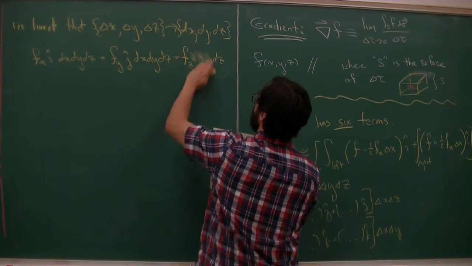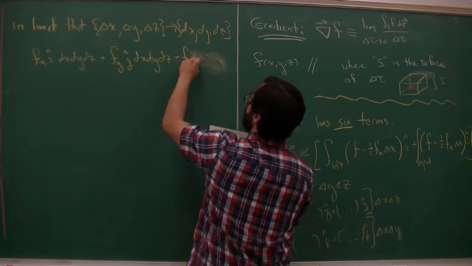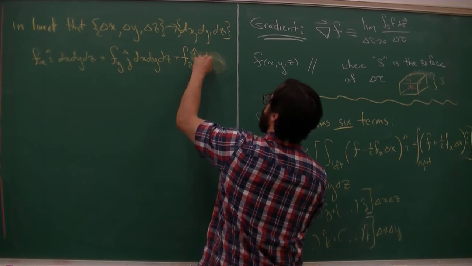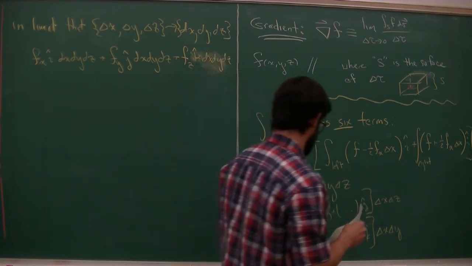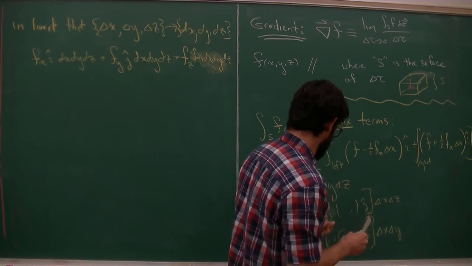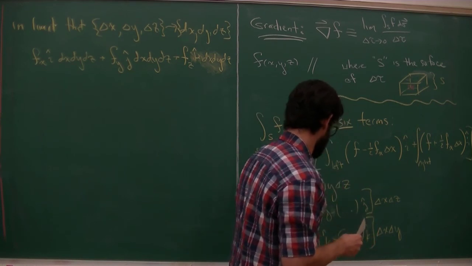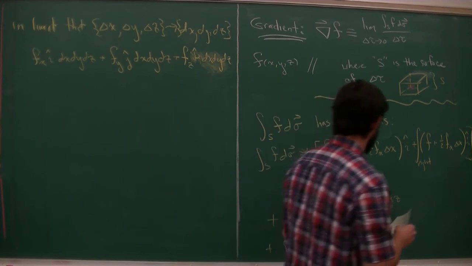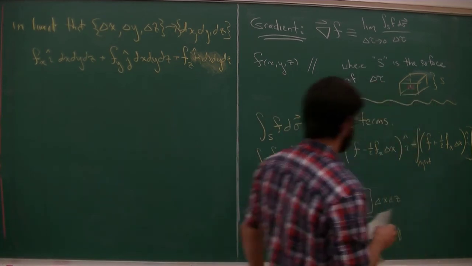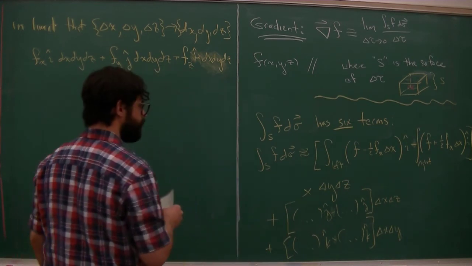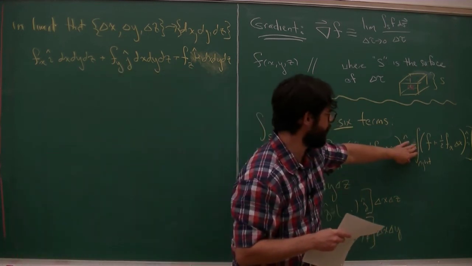I actually could have written this in a better way, I think. So there's a minus sign that I could factor out in each one of these. And that actually is a typo. Oh, so this minus sign comes from the dot product.